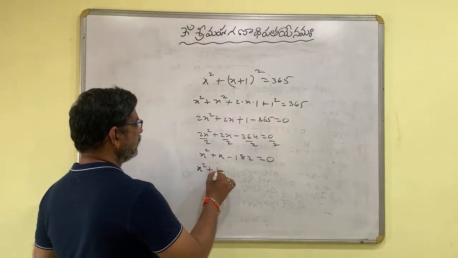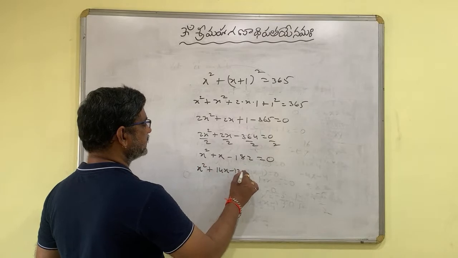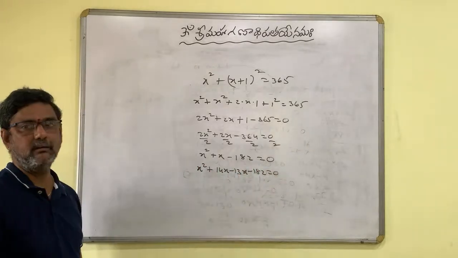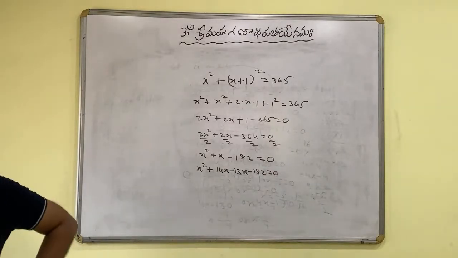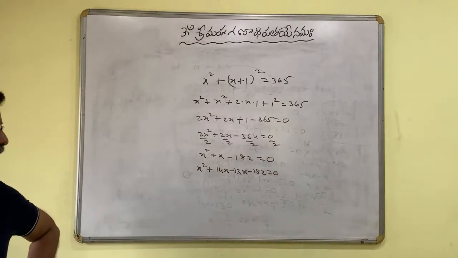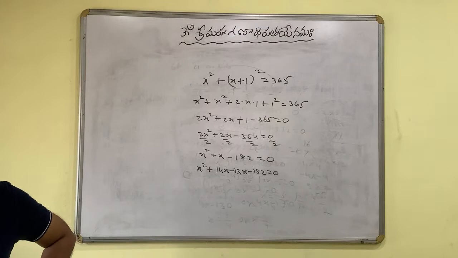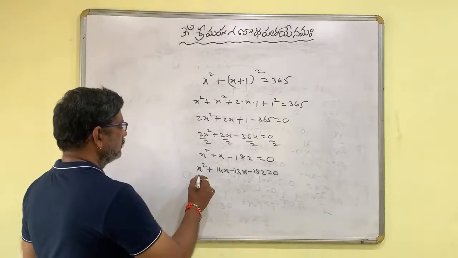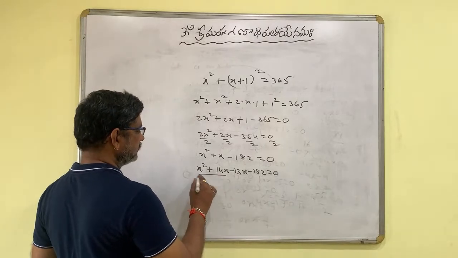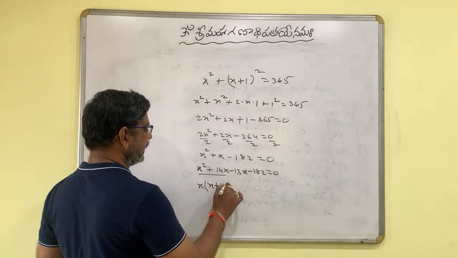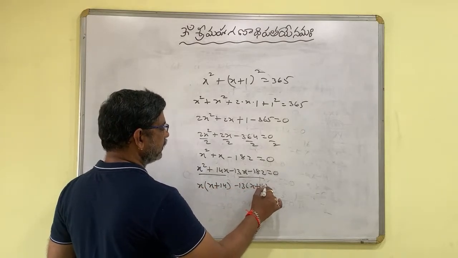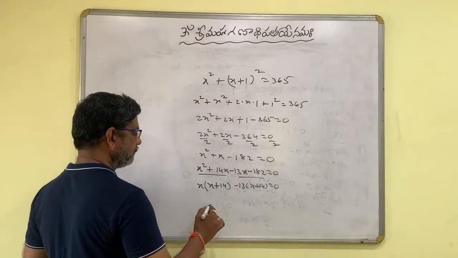x square plus 14x minus 13x minus 182 is equal to 0. Take common x plus 14 here, minus 13, x plus 14 is equal to 0.